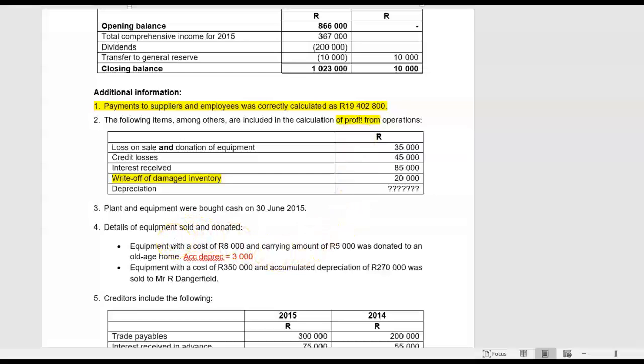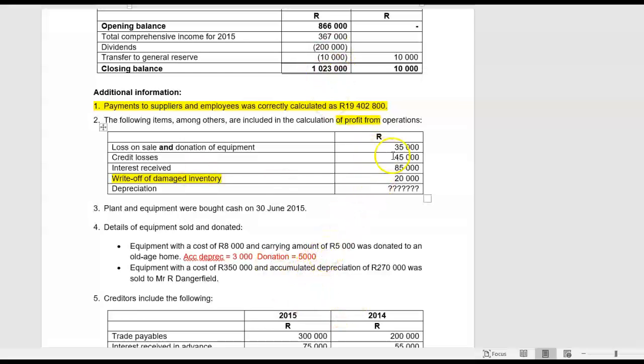And the non-cash flow item would have been what? It would have been this carrying amount, the donation amount, and that donation does not represent a cash flow. So we have to make an adjustment for that.